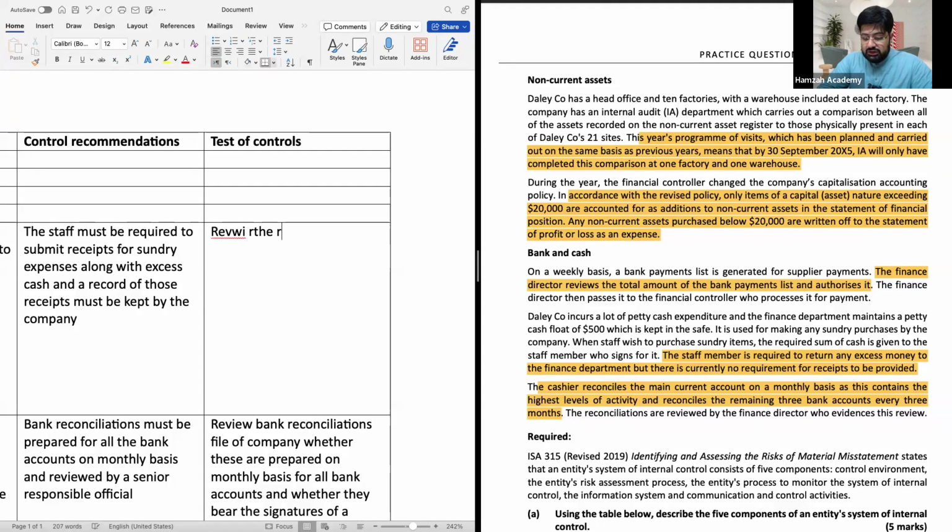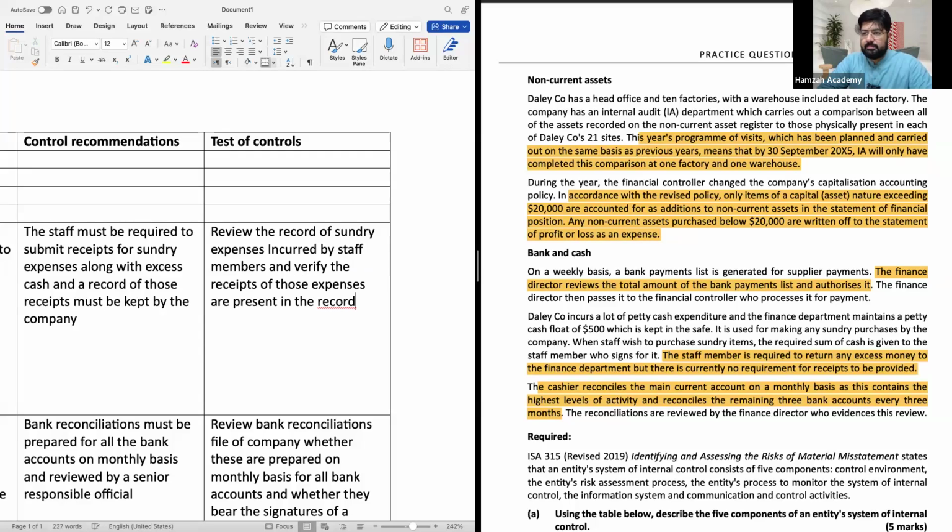Review the record of sundry expenses incurred by staff members and verify that the receipts of those expenses are present in the record of the company.